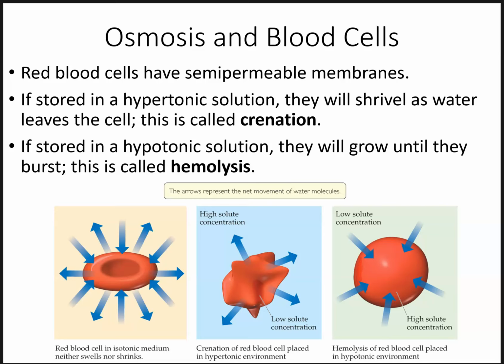If a cell is in a hypertonic solution, then we undergo a process known as crenation, where the blood cell shrinks up. And if we're not careful, we'll actually explode or implode. On the other hand, we have hemolysis, which is just the opposite. We have a bunch of water running into the blood cell, and so the blood cell will explode. So these are things you have to be careful of, and you'll probably see again if you go into a nursing program.